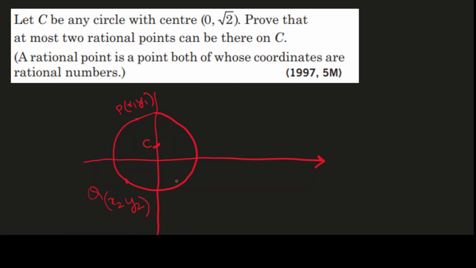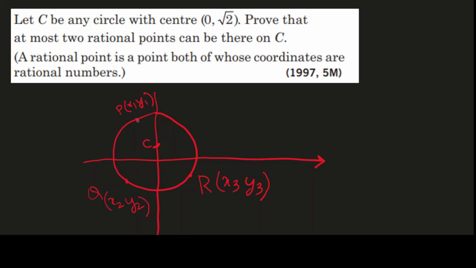It doesn't matter where these points are. Let's just take 3 points, right? And R is (x3, y3). Let us assume that P, Q, and R are rational points. What it means is that x1, y1, x2, y2, x3, y3 all are rational numbers.